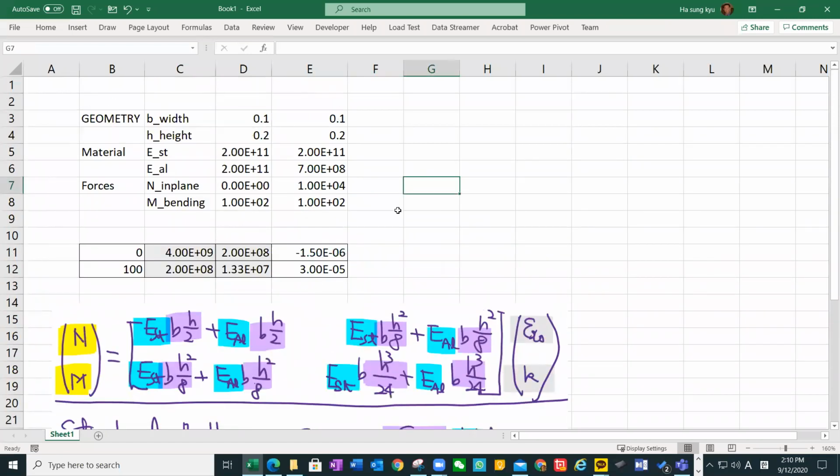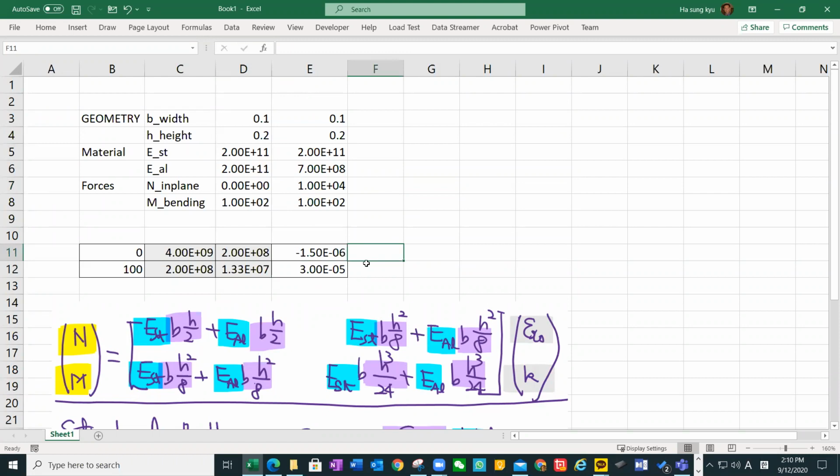As a verification, we always need to verify either our derivation or our programming. And as you can see, we assigned the same material. We don't apply the in-plane load. Then we should not have an in-plane strain, right?